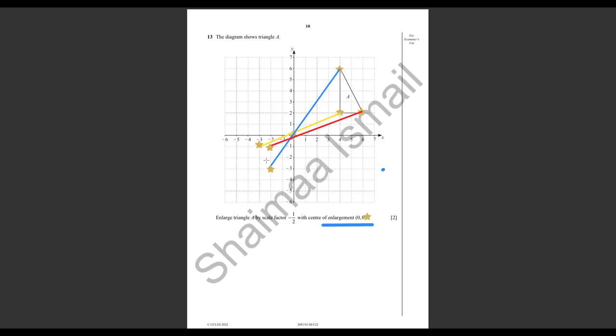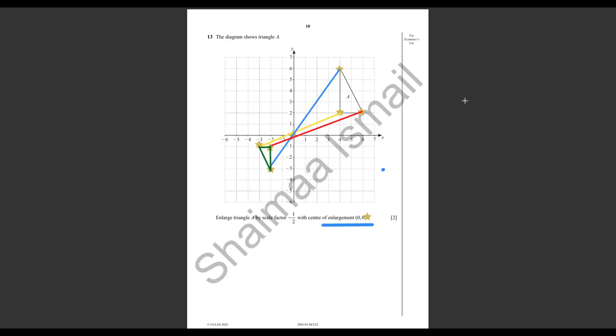Then I join all these with my ruler. So -3, -2. So this point is -3, -1, -2, -1, and -2, -3. Okay, all these are enlargement of 1/2.